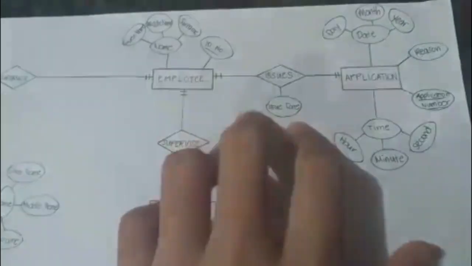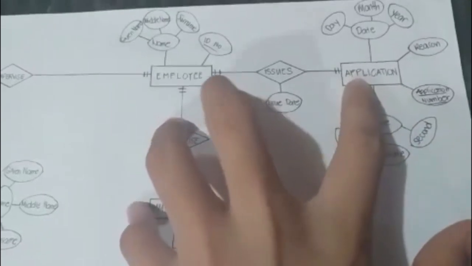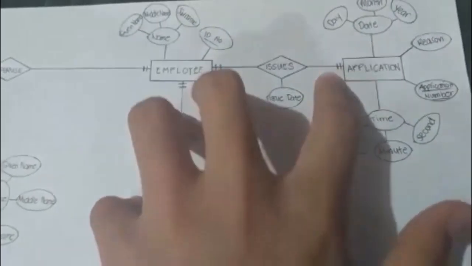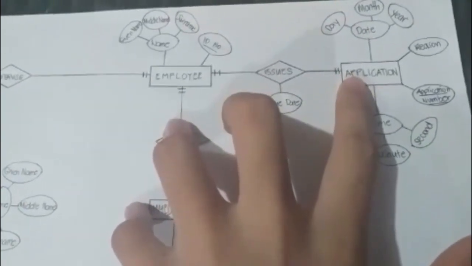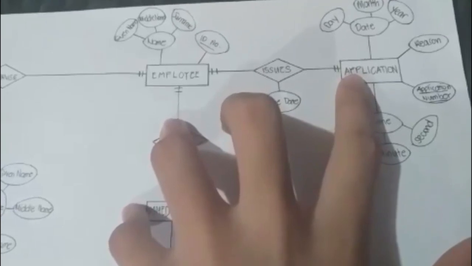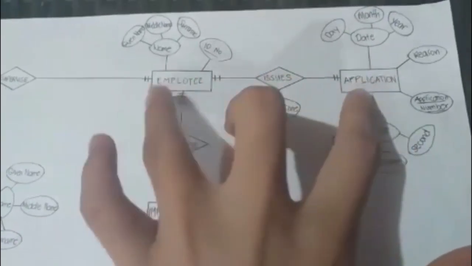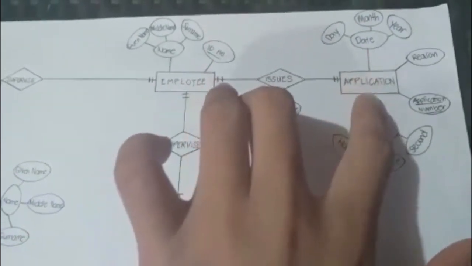Let's explain it well. Now, how many applications can an employee have? It could be one and only one. You can only apply for a leave once per transaction. Now, from application to employee, how many employees can have an application?